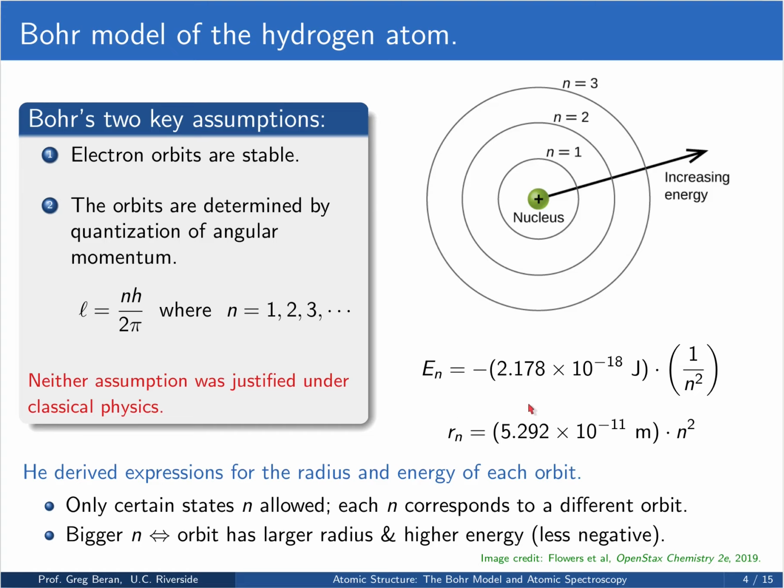And so the innermost orbits have the smallest radii, and as we go to higher n values, we get larger and larger radius orbits. Conversely, the energy of the innermost one ends up being the most stable, and the energy increases, that is, becomes less negative as we head to higher n values.